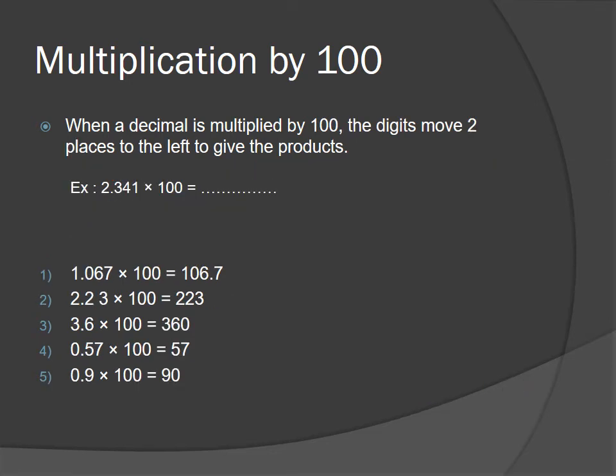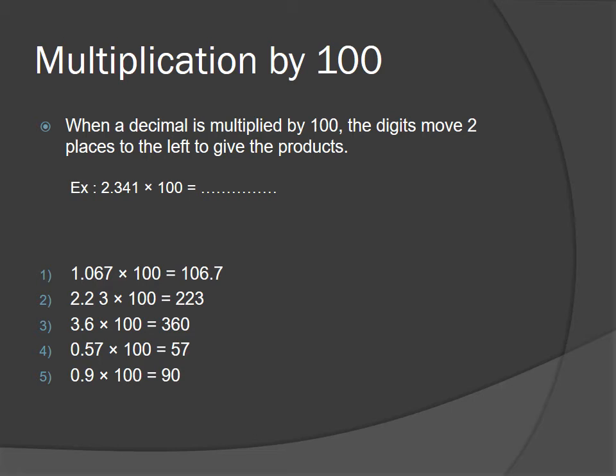Multiplication by 100. When a decimal is multiplied by 100, the digits move 2 places to the left to give the products. It means to get the products, you want to move the decimal point 2 places to the right.